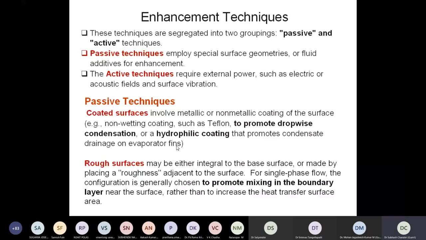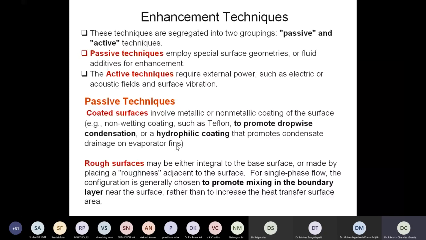We use non-wetting coatings, Teflon coatings, wax coatings on the surface of the condenser tubing, so that dropwise condensation can prevail there, right? We can also use hydrophilic coatings so that the condensate sticking to the surface is not retained there.